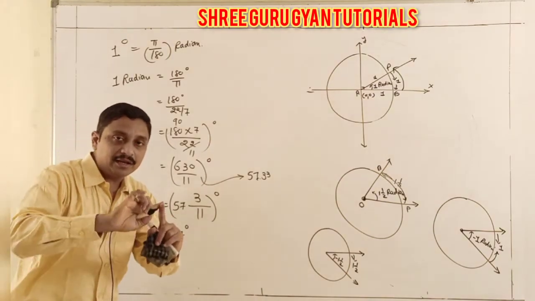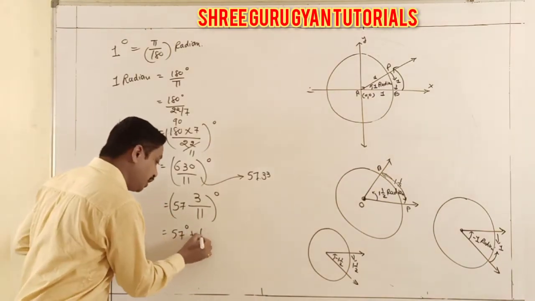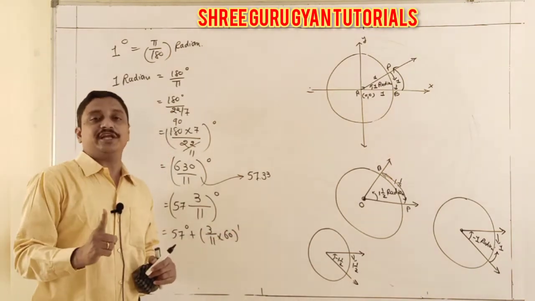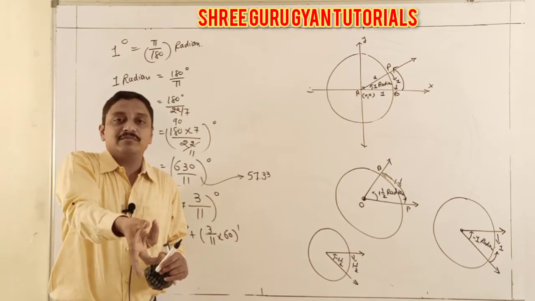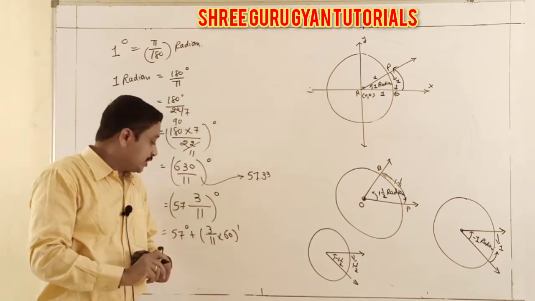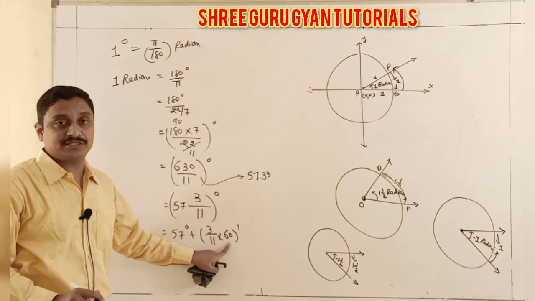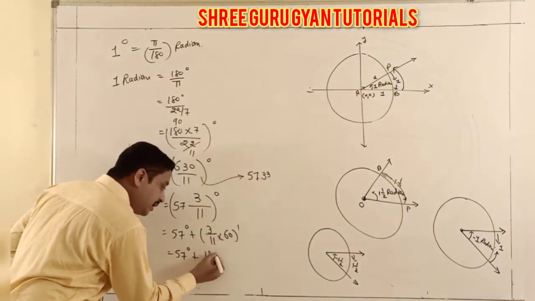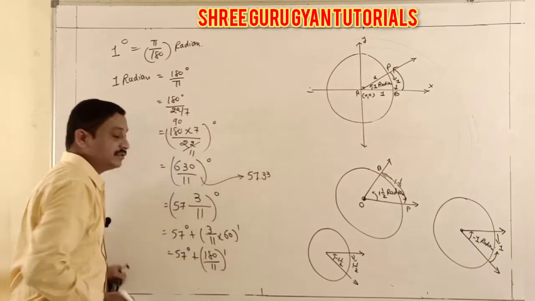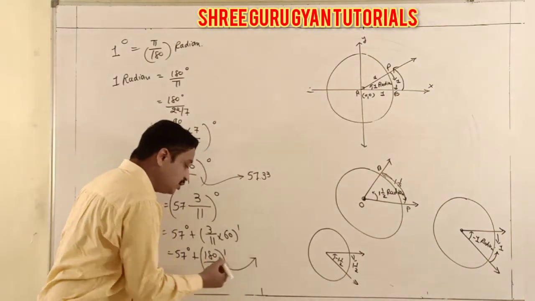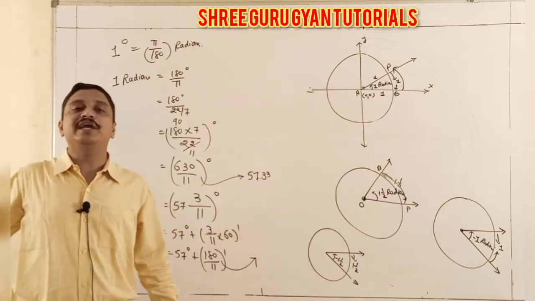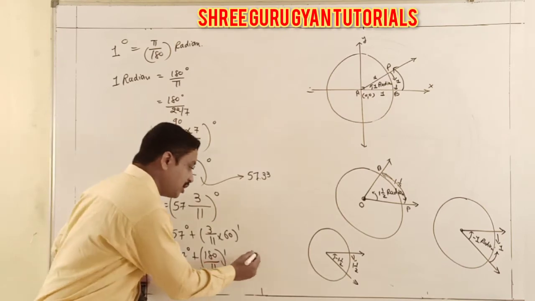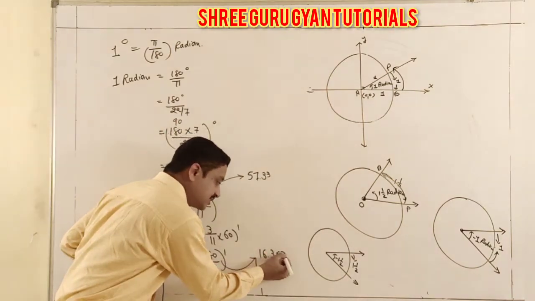Now convert the remainder to minutes: 3 by 11 into 60 minutes, because 1 degree is 60 minutes. So 57 degree and 180 by 11 minutes. Using the calculator, dividing 180 by 11 gives near about 16.36.